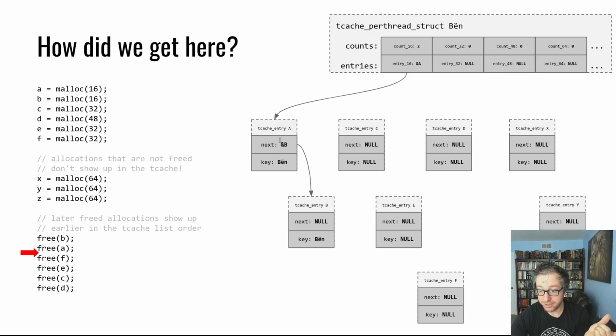When we malloc next, malloc is going to return the address of Tcache entry A, in our case Tcache entry allocation 0, and then it'll take this address and write it here as the new head of that Tcache bin. The next time we do a malloc, it's going to return that address.